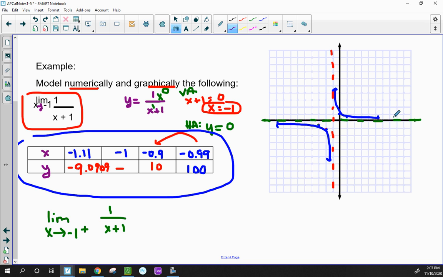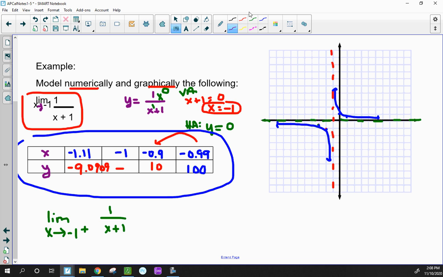But notice what the y's are doing. They're slowly increasing. That's just the nature of the graph. And the closer I get to -1, the y continues to rise. So it's going this direction, like reaching positive infinity there.